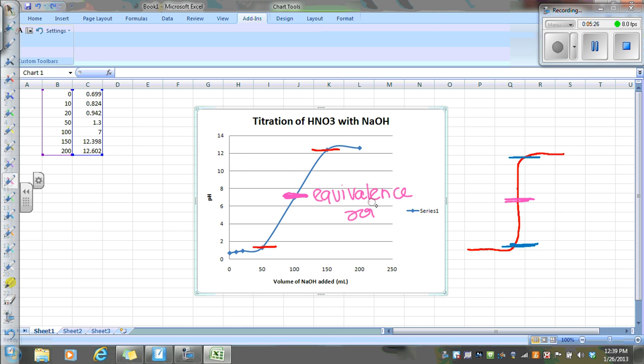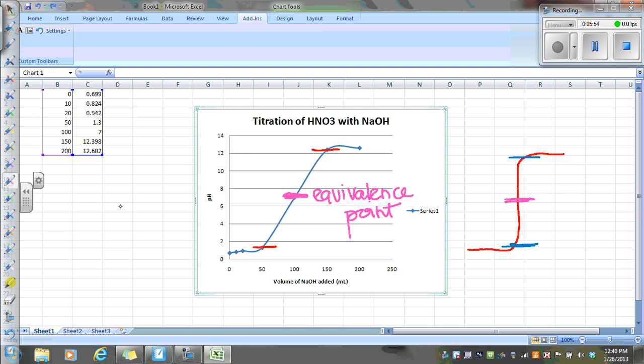Okay, so now if you were designing a titration and you were trying to pick an indicator, you would want an indicator that was going to change color really close to the equivalence point. In your textbook, there's a table, which I'll show you a little bit later, which will help you choose that.